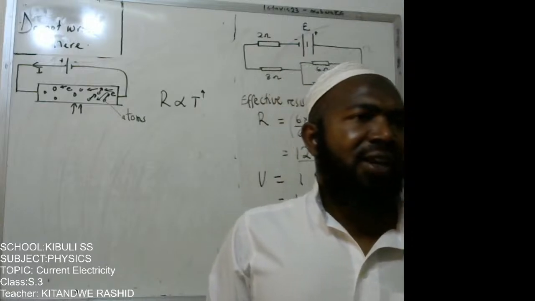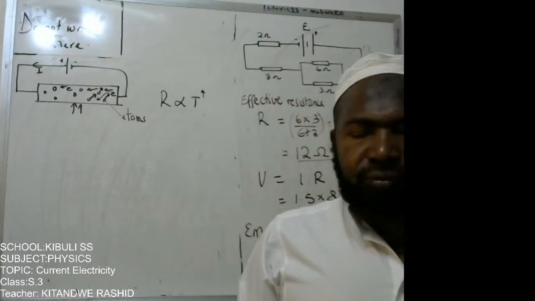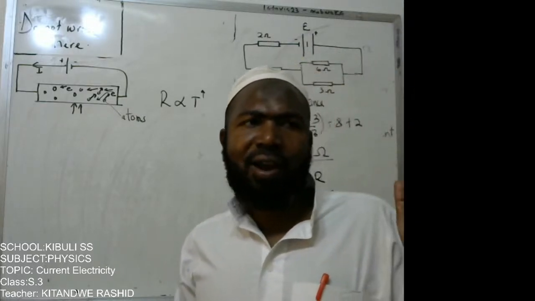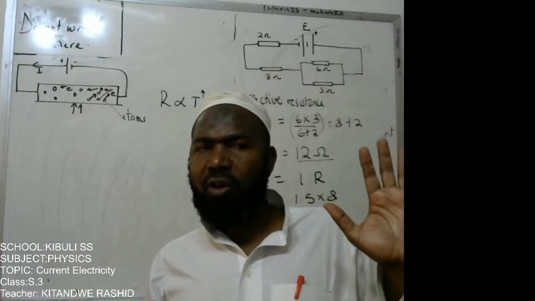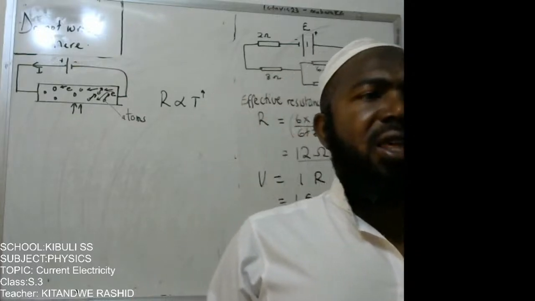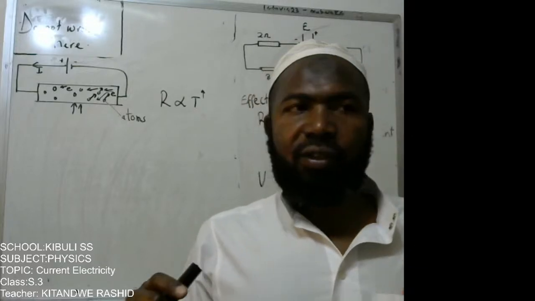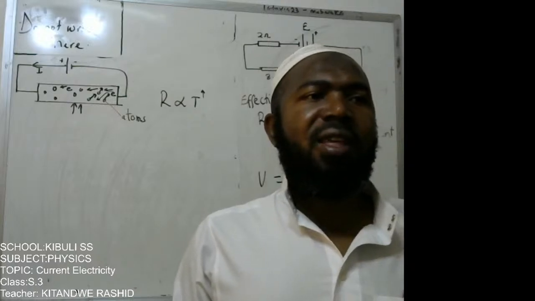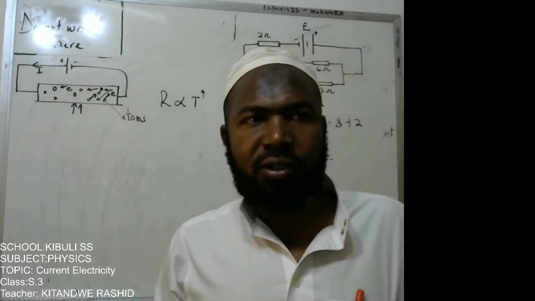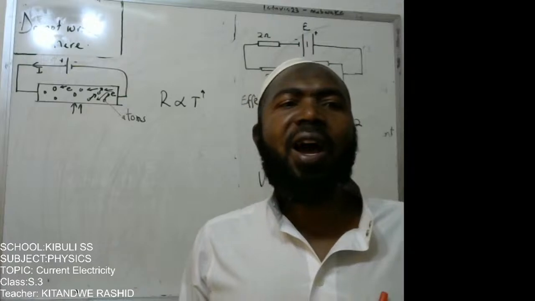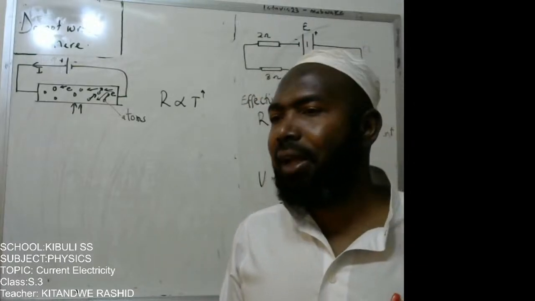Then the second factor is the length of the conductor. Now if we keep the other factors of temperature and cross-sectional area constant, and we increase the length of the conductor, the longer the path for the electrons, the more collisions with the ions of the conductor.